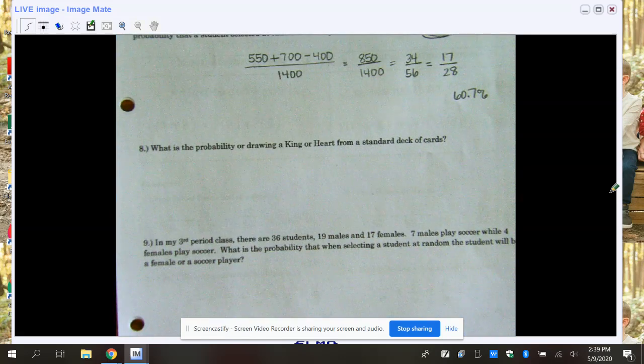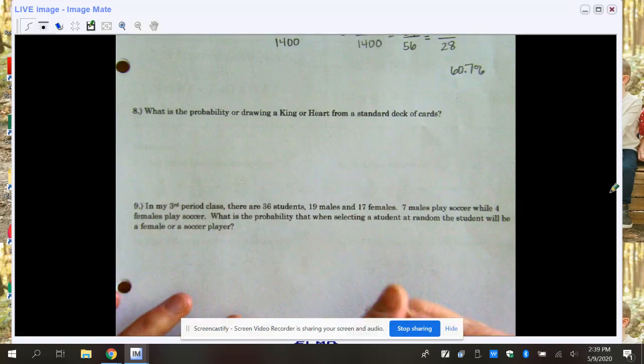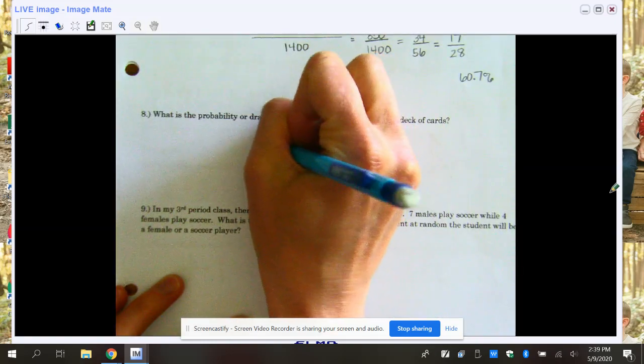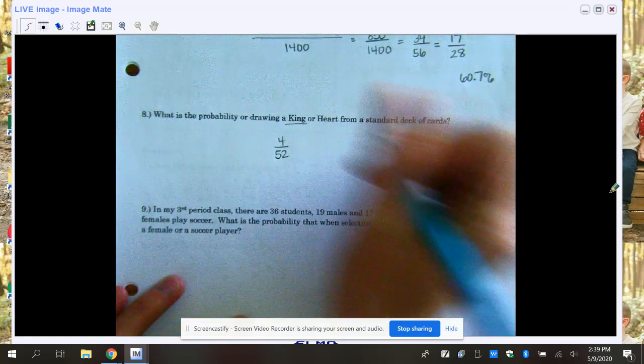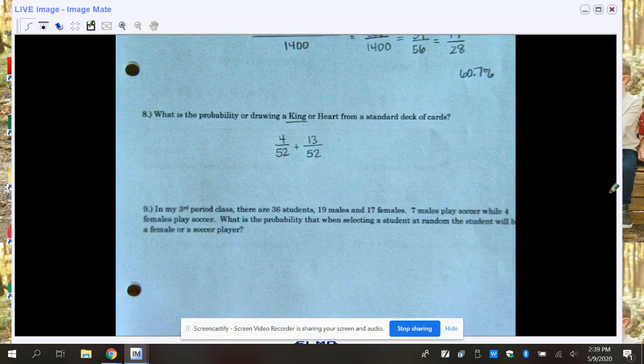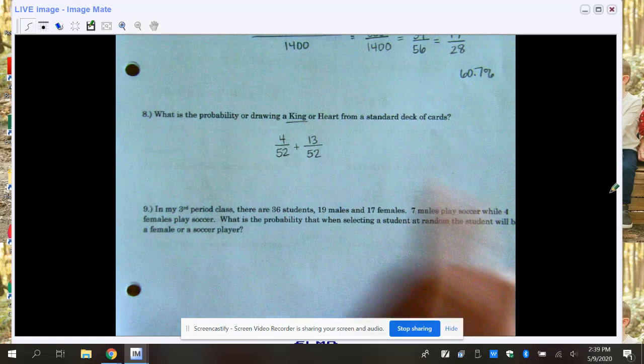All right, next one. What is the probability of drawing a king or a heart from a standard deck of cards? All right, so again, this is kind of like the jack and heart one right here. There's 4 kings out of 52. There are 13 hearts out of 52.